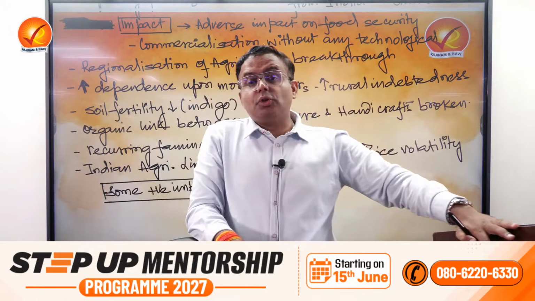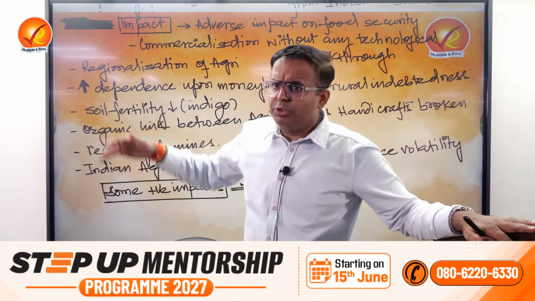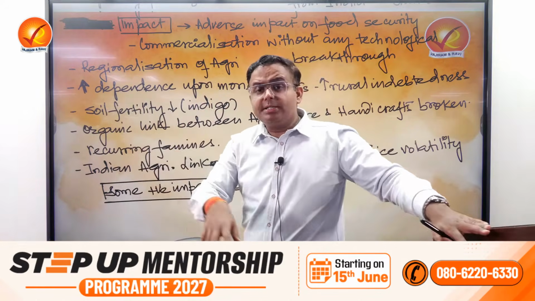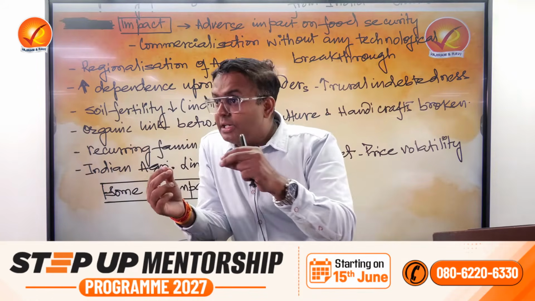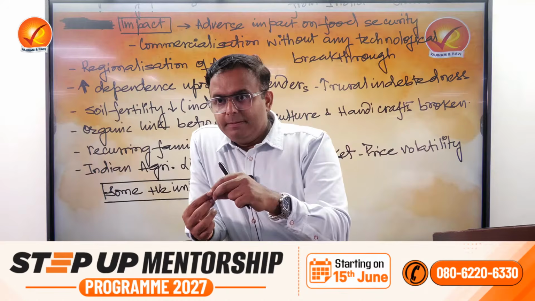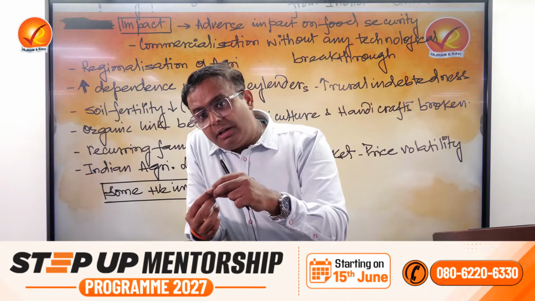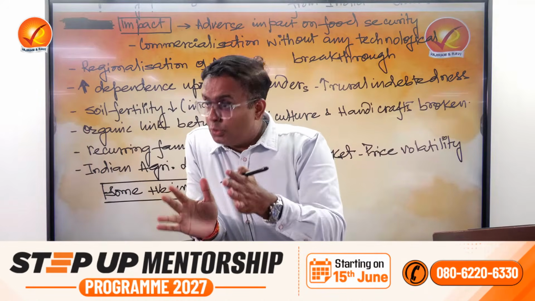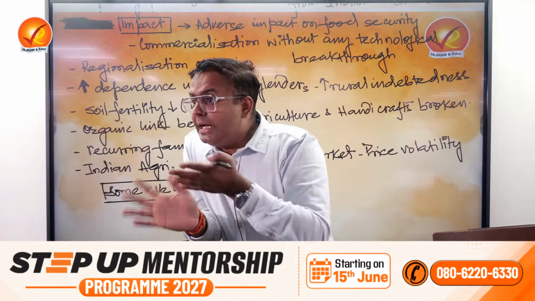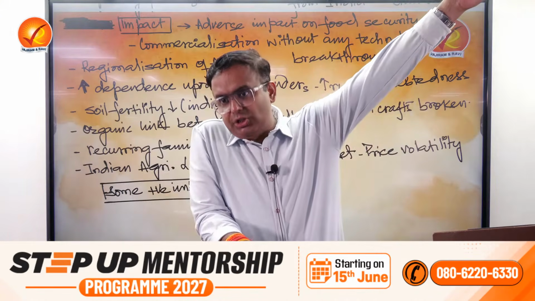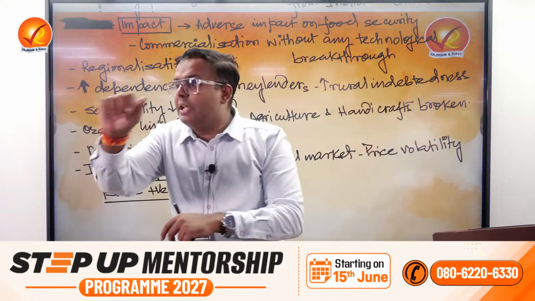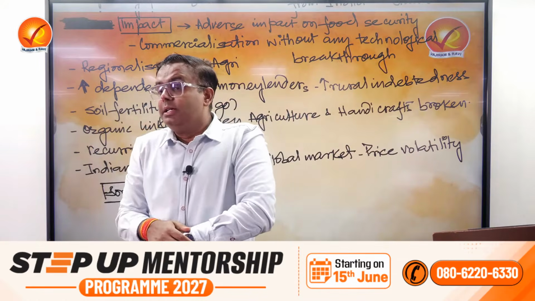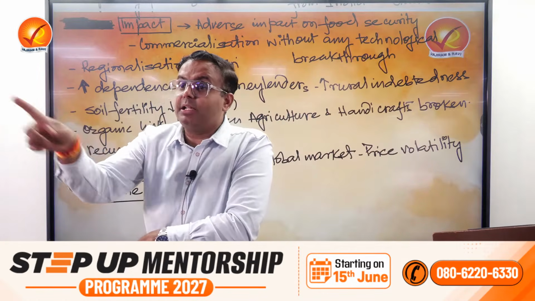Second aspect of commercialization of agriculture, I have written both the aspects यहाँ पे, is that commercialization of agriculture and deindustrialization are interlinked. Because the cash crops which were grown here were not for the Indian handicrafts and handloom, but for the British. So with commercialization of agriculture, the traditional, organic relation between Indian manufacturing sector and Indian agriculture was broken.